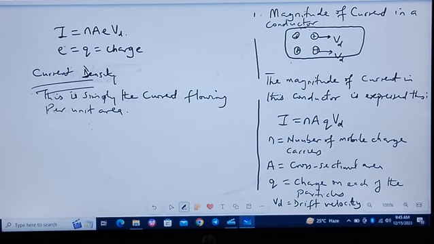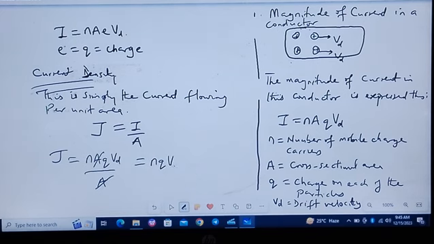I can represent current density as J equal to I over A. And if we recall that I is equal to NAQVD, we can then say J is equal to NAQVD all over A. A cancels out and you are left with current density as NQV subscript D.